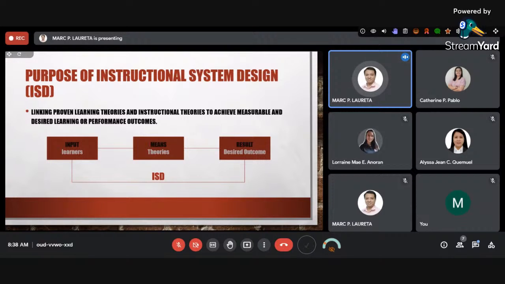Those are good elements for us to understand which learning theories will be appropriate, which instructional theories will be feasible in order to develop solutions for learning and performance improvement. The result part is pretty straightforward, and mostly it is relevant to the needs of the organizational learning or the expectation of your students. Yung tinatawag nating desired outcomes.